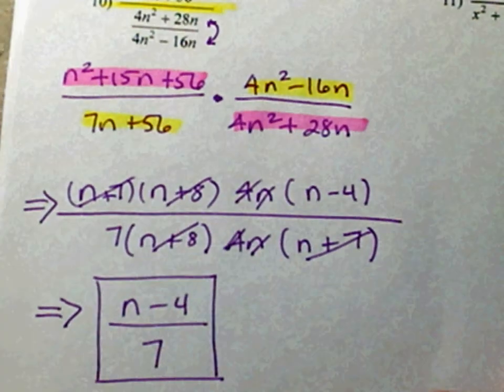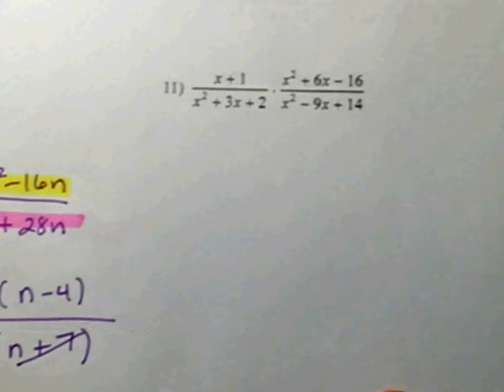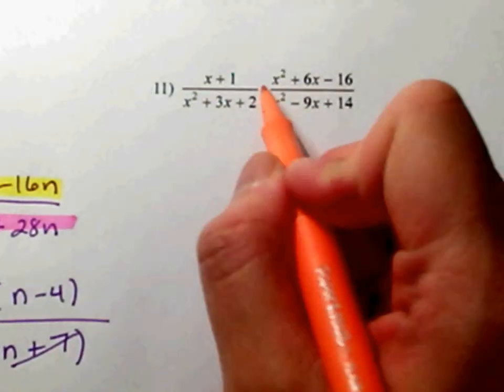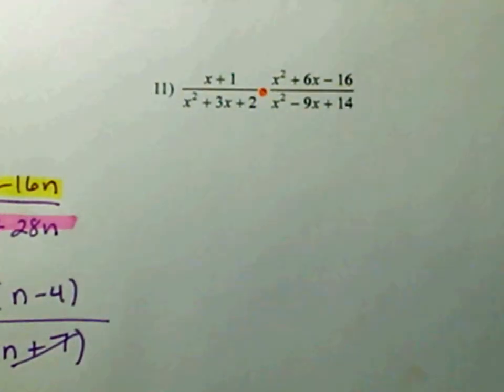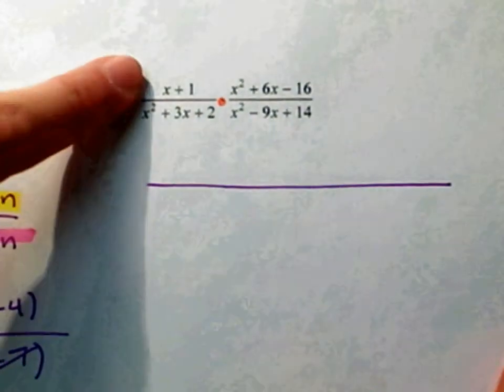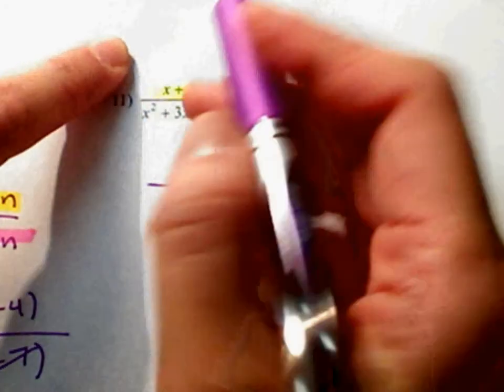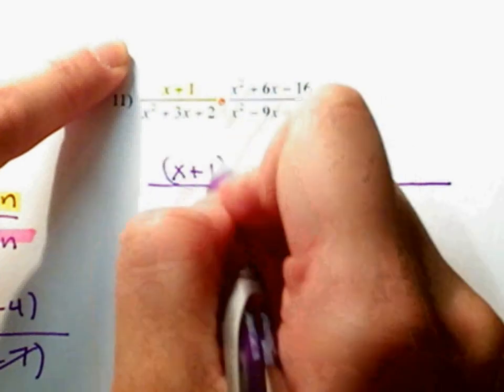Number 11. Notice the symbol. It is a multiplication. Draw one big line to help you. Okay? Take a look. Here's your first one. Already factored. Write it down. Look at your next one.